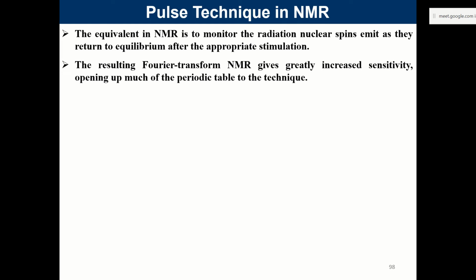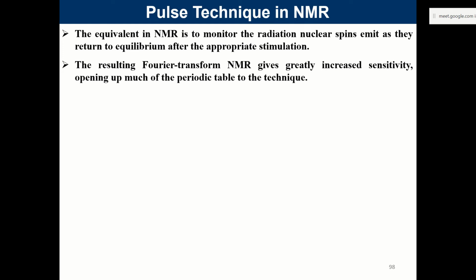In the pulse technique, whenever there is absorption or anything, the pulse profile will change. If you are able to analyze that change in the pulse profile, you will get all the information inherent in the system.